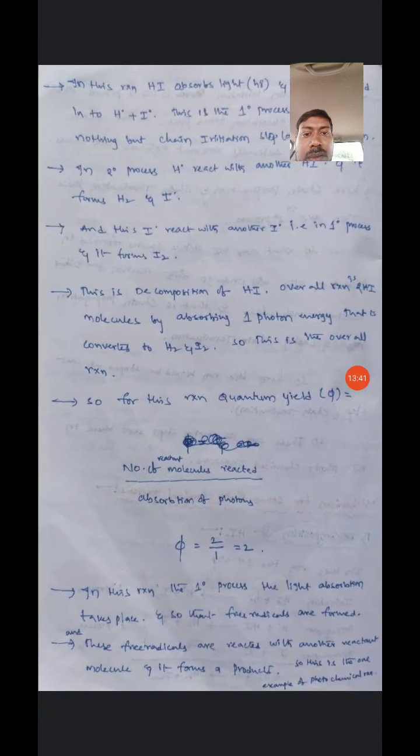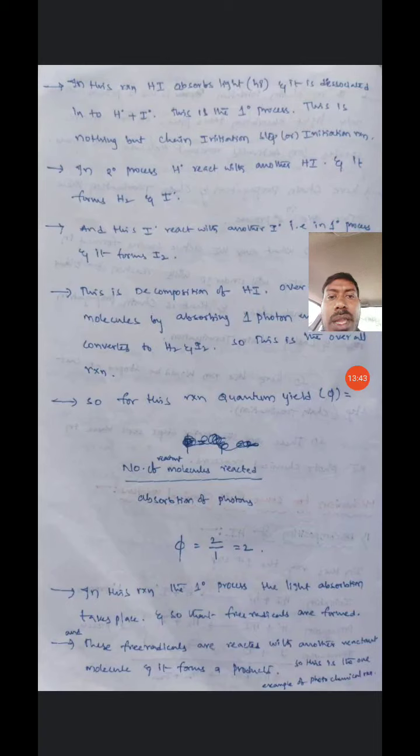So in this reaction, hydrogen iodide HI absorbs the light and dissociates into a hydrogen radical and an iodine radical. This is the primary process, the chain initiation step.